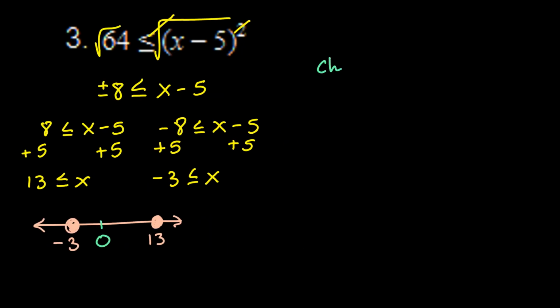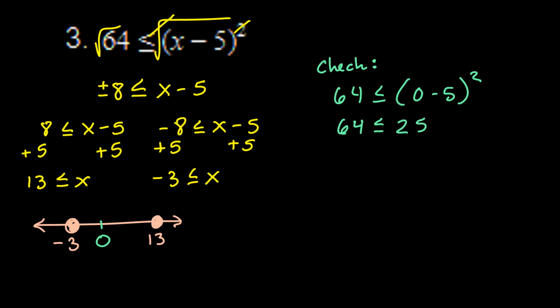So now I'm going to check. I'm going to plug in what? 0. So 0 minus 5 gives us what? -5. What is -5 squared? 25.